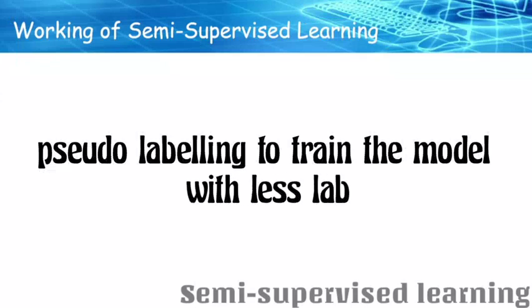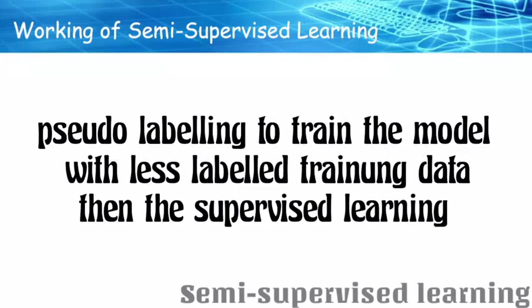Semi-supervised learning uses pseudo labeling to train the model with less labeled training data than supervised learning. The process can combine neural networks and the training base. We'll explain it in a few points.